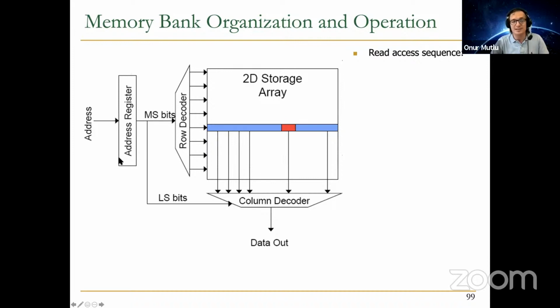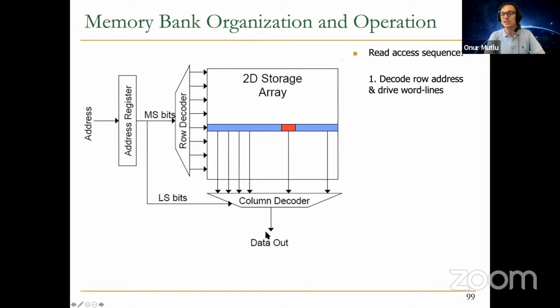So it may be 26 bits, for example, with 13 bits here and 13 bits here. I just made it up again. Once the row decoder decodes, the word line gets activated, and the entire row is read. Then the least significant bits are used to multiplex out the column that you're really looking for.